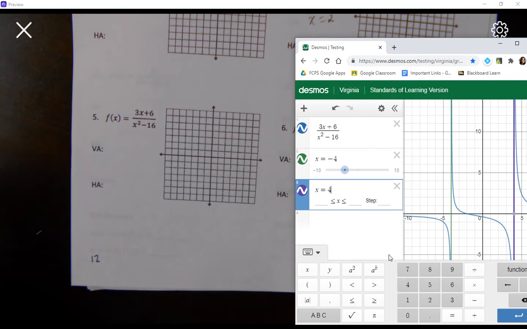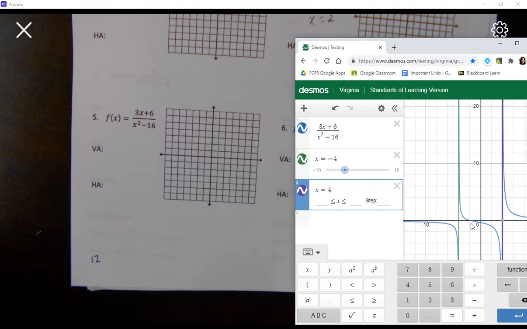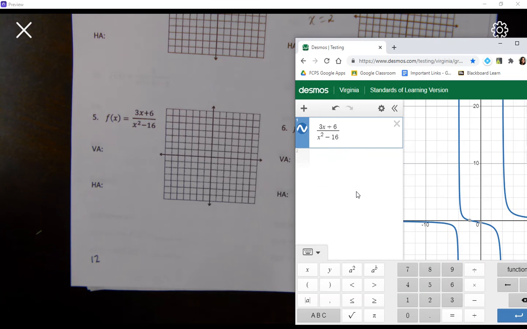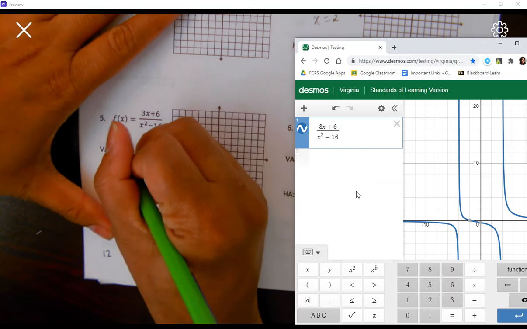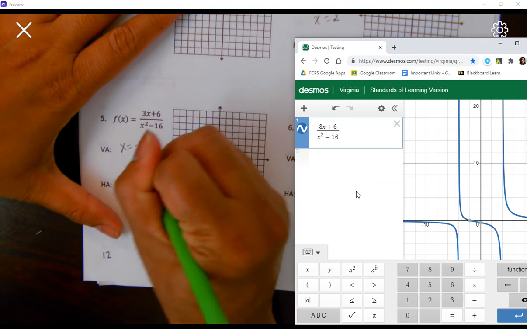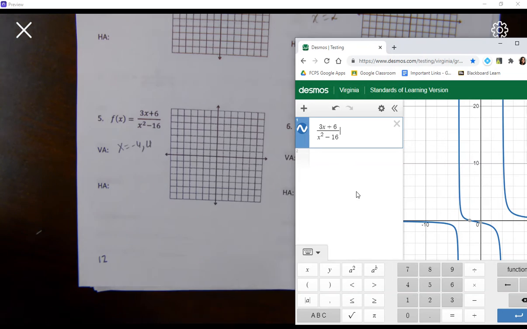So let me take this off, so those are fine. So x equals negative 4 and x equals positive 4. I'll just write it like that.